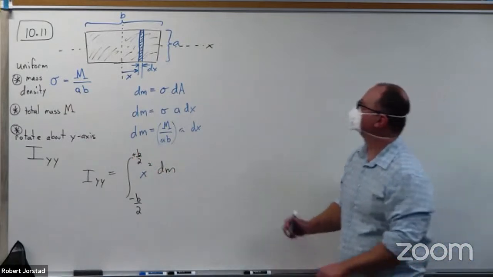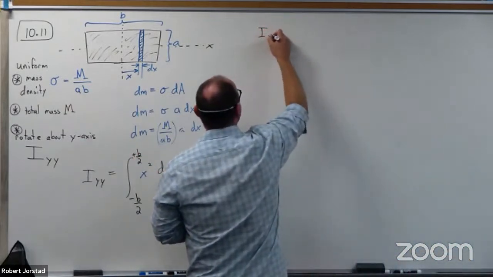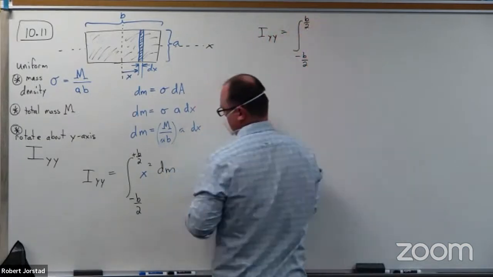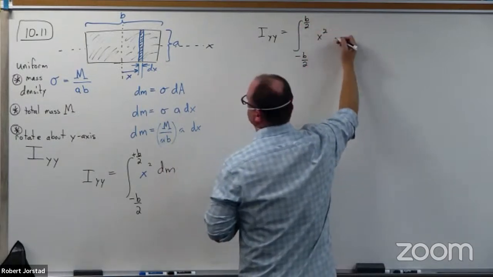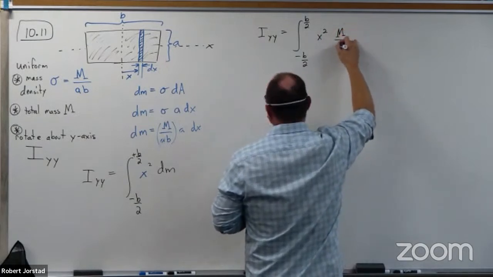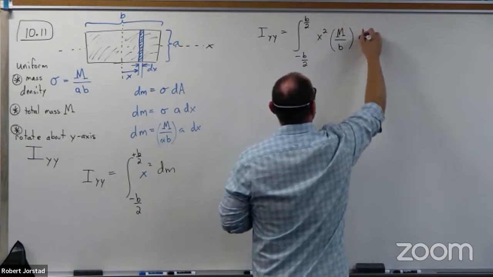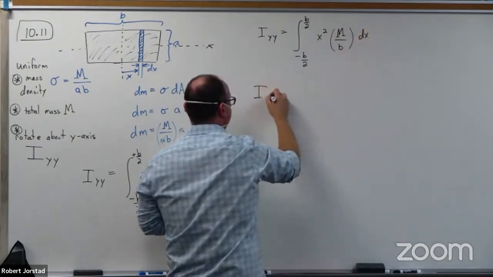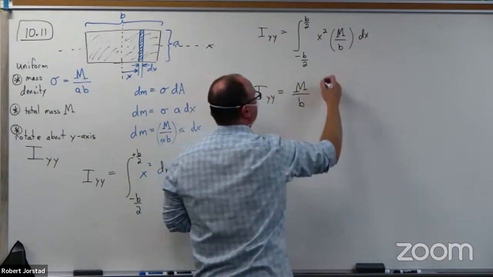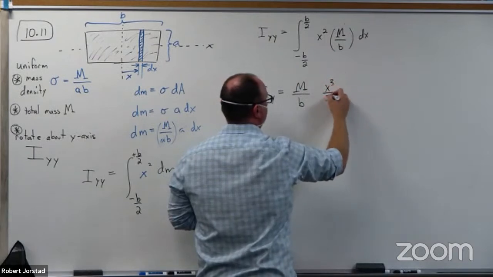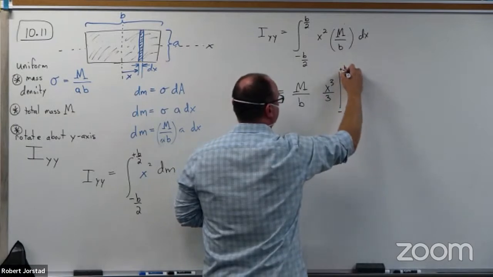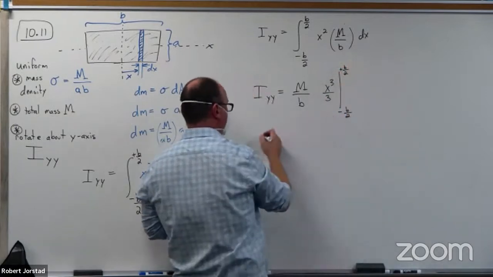Race you, go. Plug in all that junk and do this integral. Combine the constants. I'm going to get x cubed over 3. Oh, the lower limit matters.